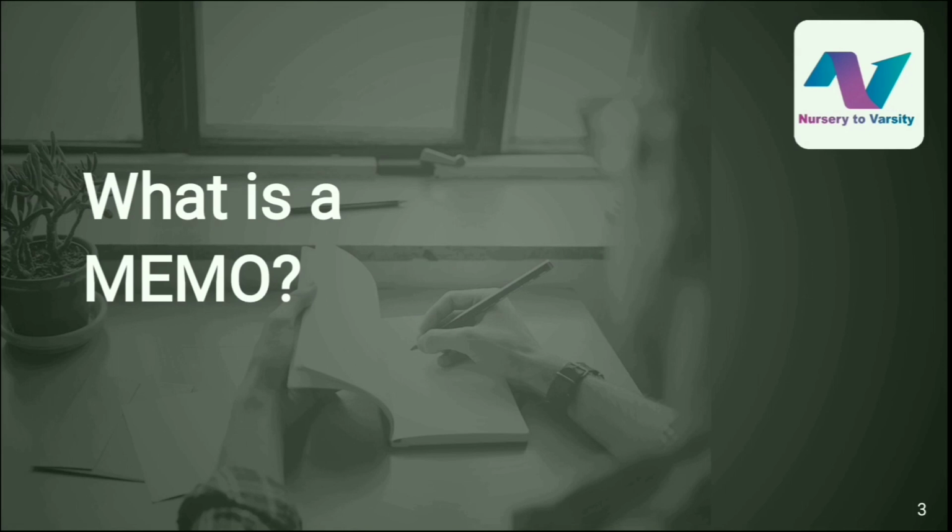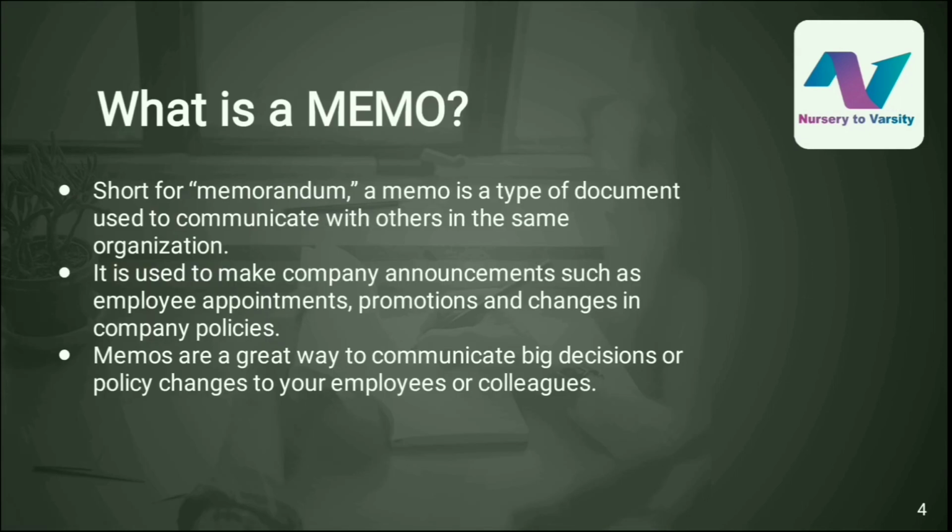So, what is a memo basically? A memo is a type of document used to communicate with others in the same organization. Hence, it is clear that it is a formal way of communication. It is generally used to make announcements, appointments, promotions, or changes in company policies.